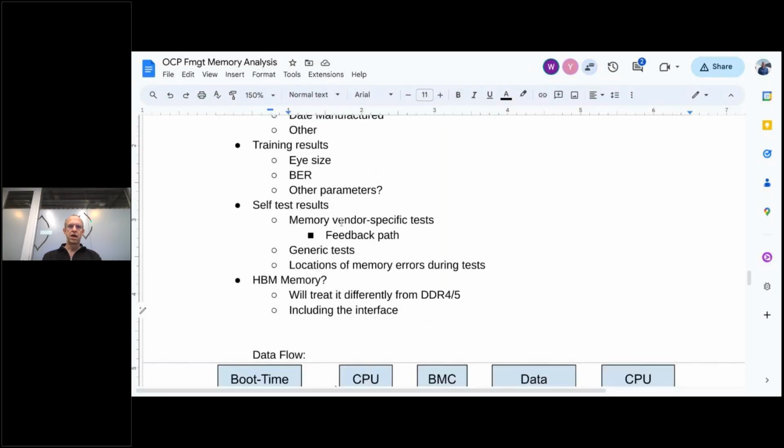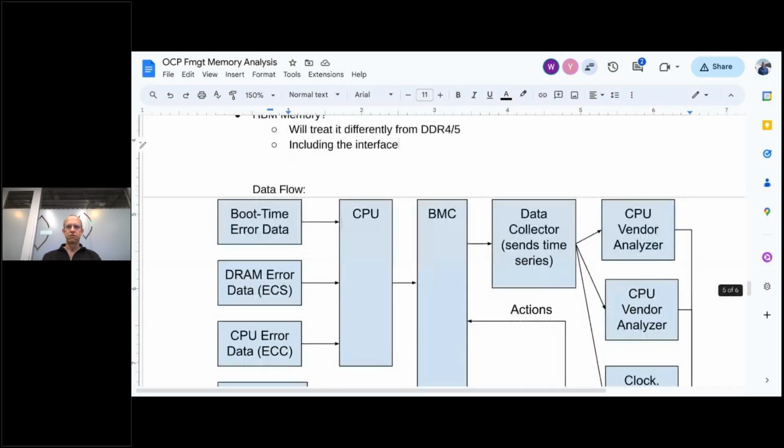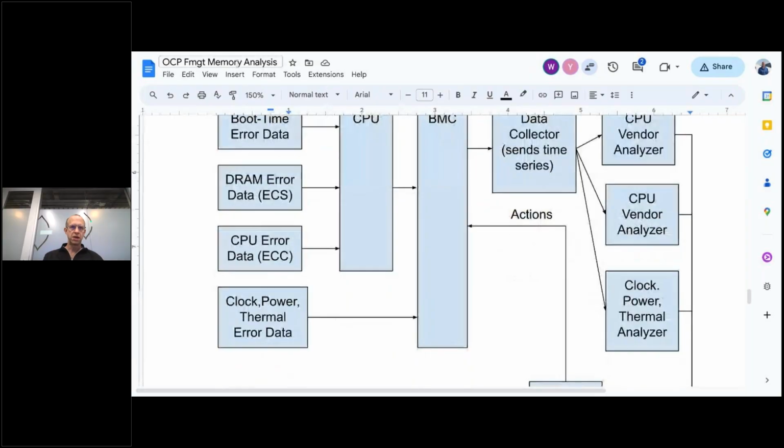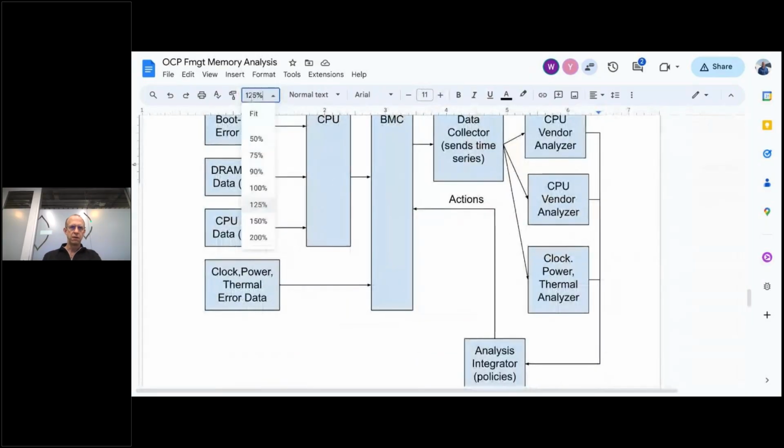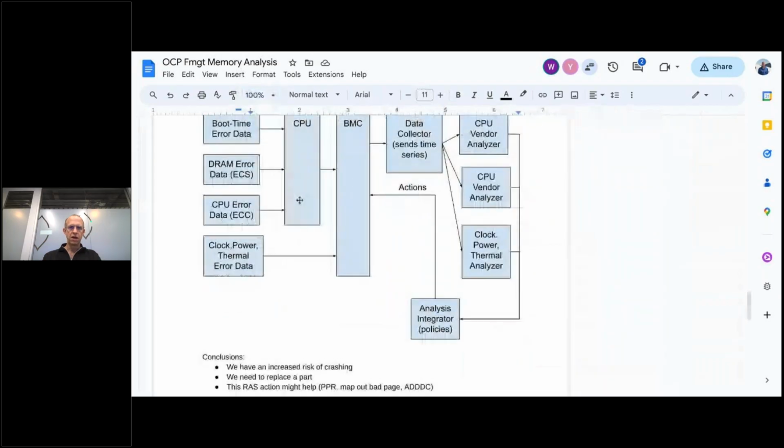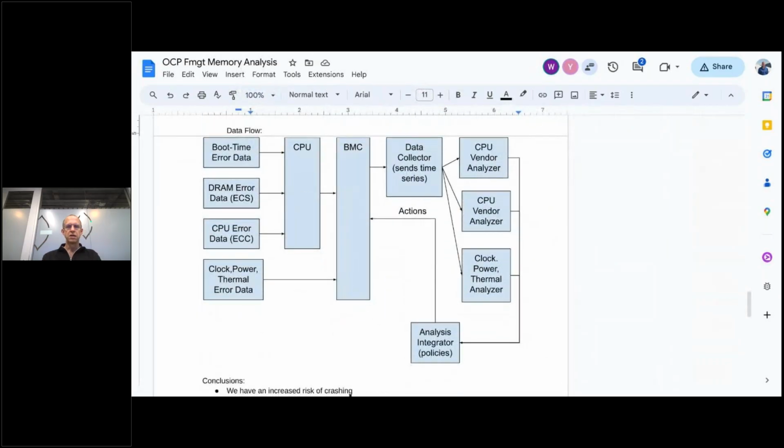Okay, and then I just made up a flow of how I thought things might go. This can change, but the boot time error data is gathered by firmware running on the CPU.